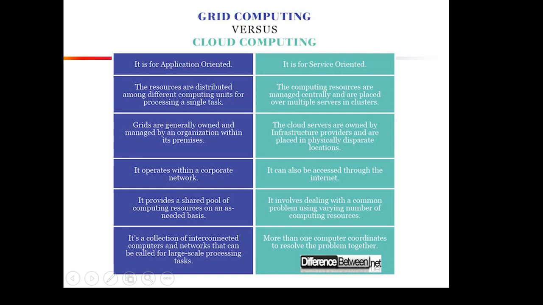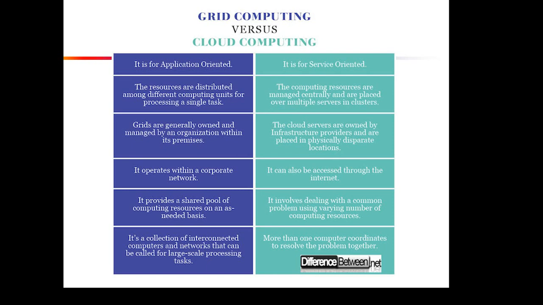Grid computing is application oriented, but cloud computing is service oriented. Okay, application and service. This is the first difference between these two.